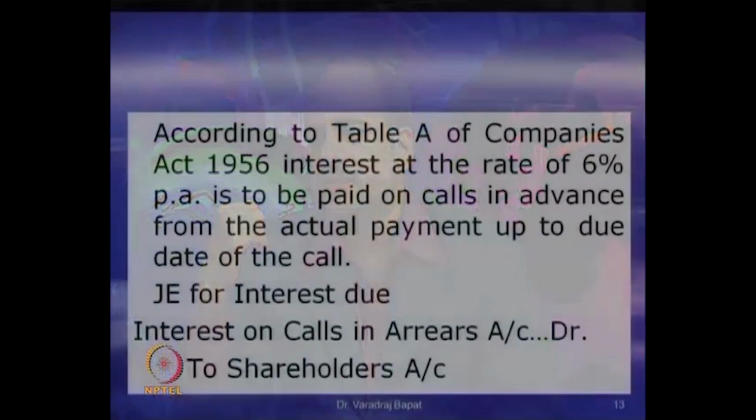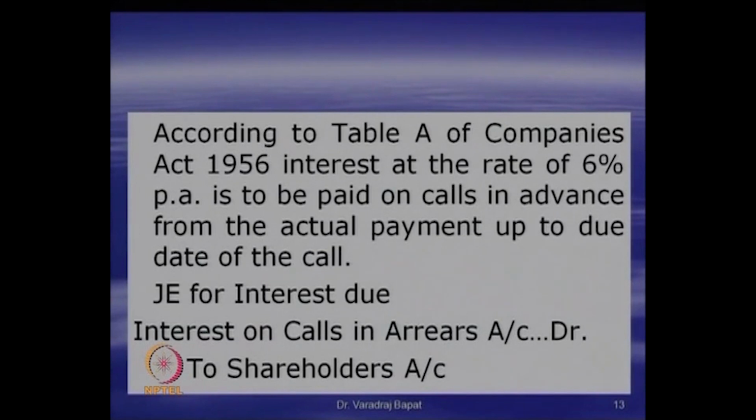In the same way that the company charges interest for late payment, it also gives interest if shareholders pay the money in advance. Now interest at 6% is to be paid on calls in advance. Now interest is to be paid to them.